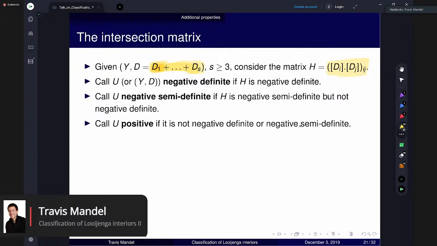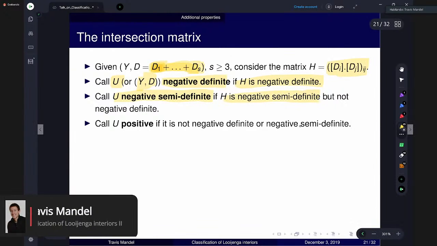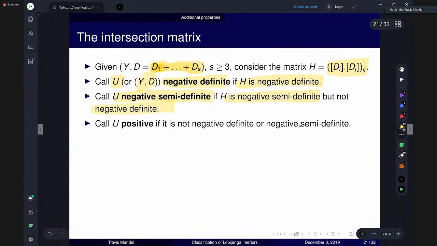This is a symmetric matrix. And we'll say that U, or Y, D, is negative definite if H is negative definite. We'll say it's negative semi-definite if H is negative semi-definite, but not negative definite. I could specify this as strictly negative semi-definite to be more clear, I guess. Then we'll say U is positive if it's not negative definite or negative semi-definite.